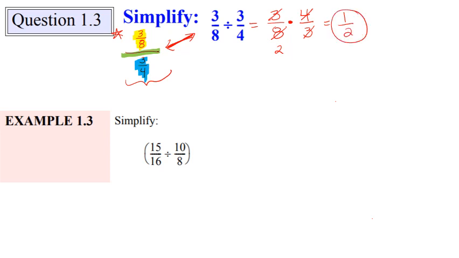Okay, so the next problem, I'm going to write 15 over 16, equal sign, times 8 over 10. Sorry, I wrote it much higher than I needed to. So I'm going to reduce by 8, get 1 and 2, and then reduce by 5, 2 and 3. And then this will be 3 over 4.